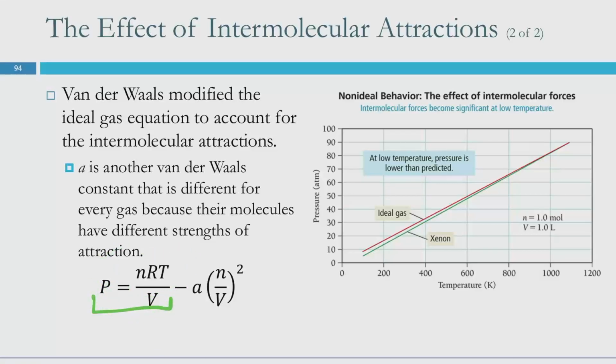So our ideal gas law part over here, and then the correction factor is A times the number of moles divided by the volume. And again, A is a value that you would look up or get from a table.